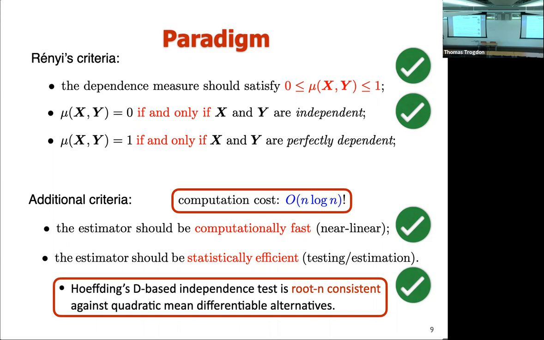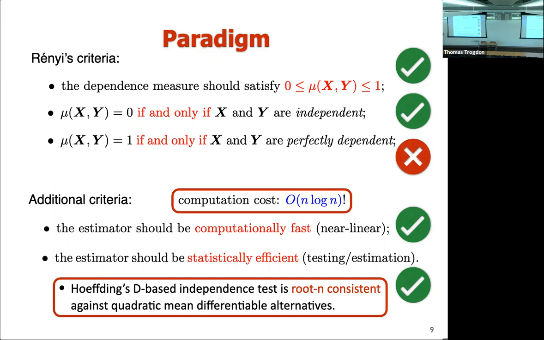So actually, we can show this is indeed true in the Hoeffding sense. So the only thing that breaks the whole story is that it doesn't have the "if and only if perfect dependence" property. That's of course, by just reading the definition of this dependence measure.